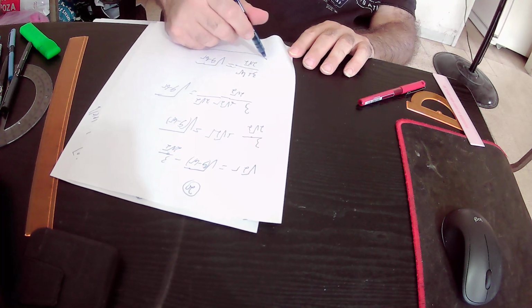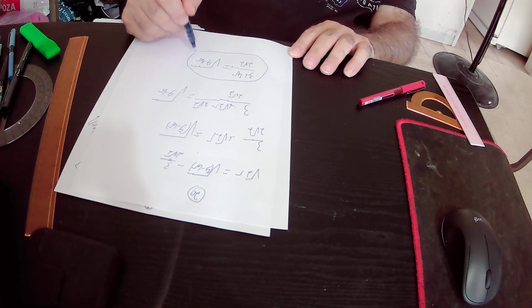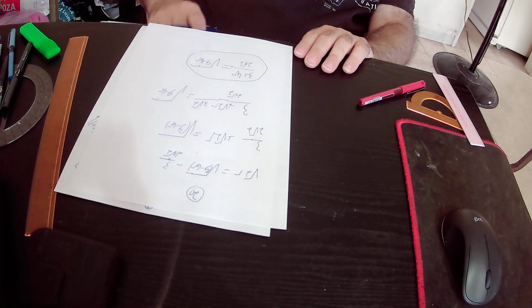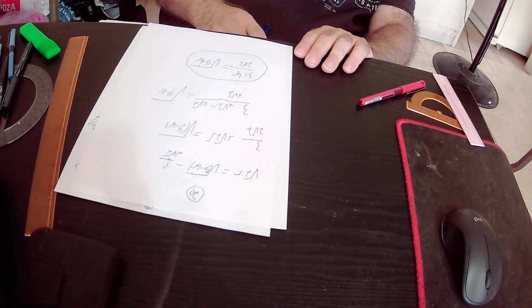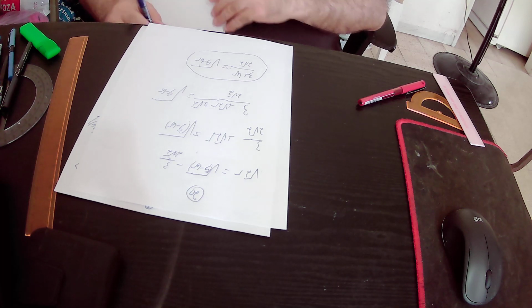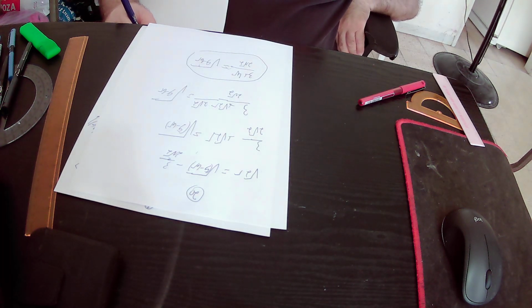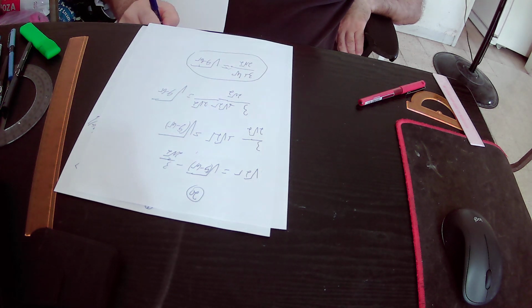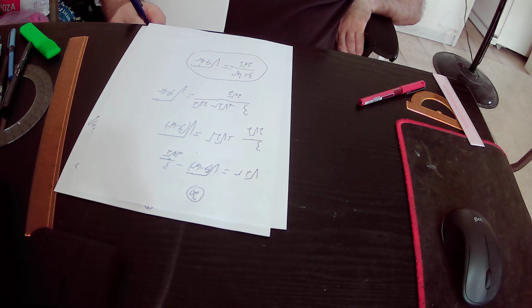Okay, so here we will square this equality and we will get that 3 plus 4R, squared, over 2 times root 2 squared, which is 8, equals the root squared.